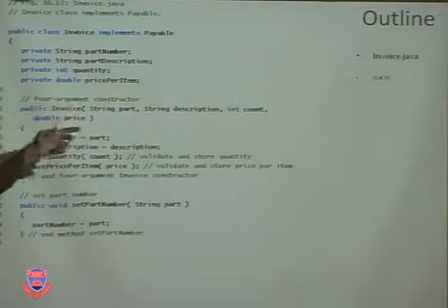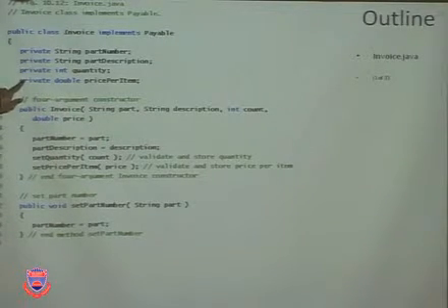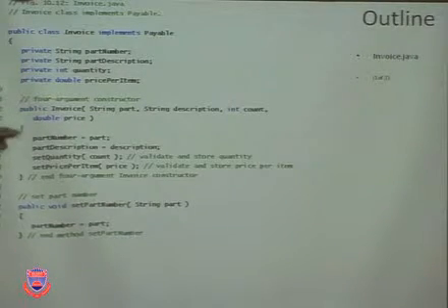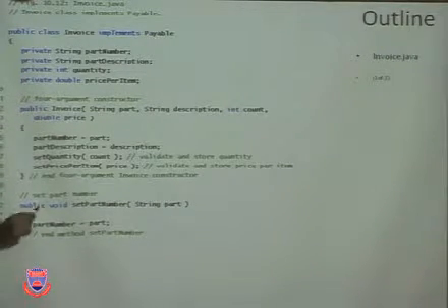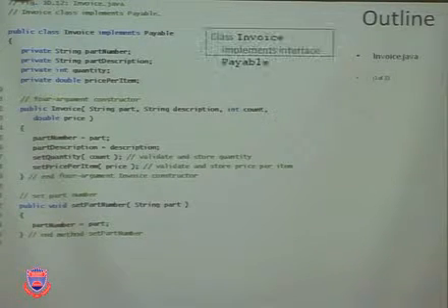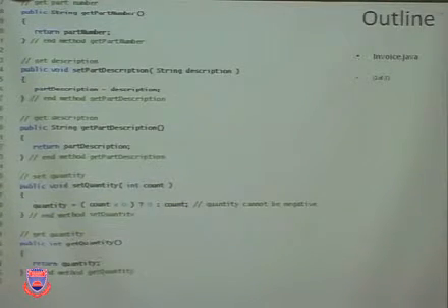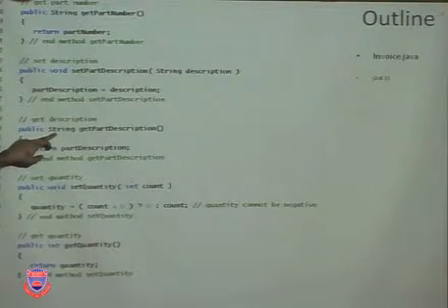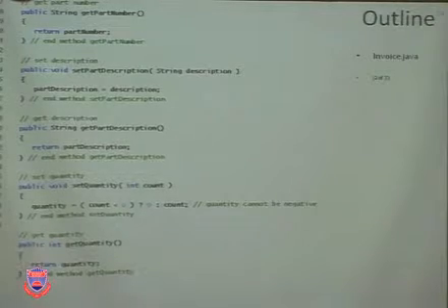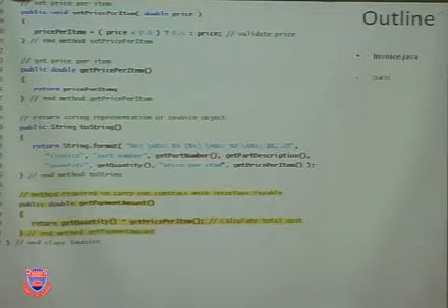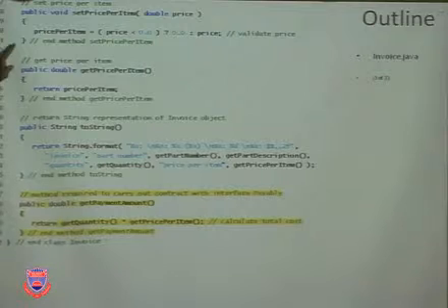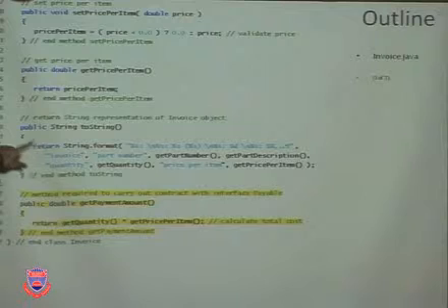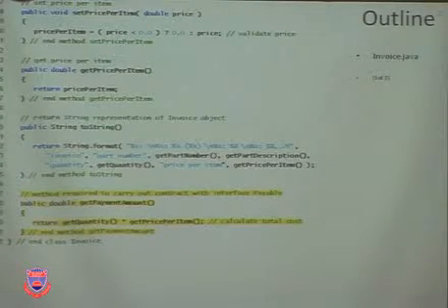So if you're going to implement this, you have the instance variables, and then the constructor, which is basically having the 4 instance variables as arguments. And then you have the set and get methods, set part number, get part number, set part description, get part description, set quantity, get quantity. All of these are setters and getters for the instance variables. And set price per item and get price per item. And you have the toString method.